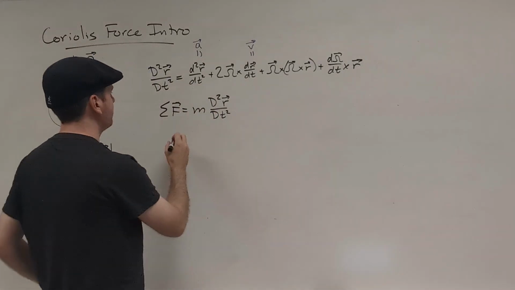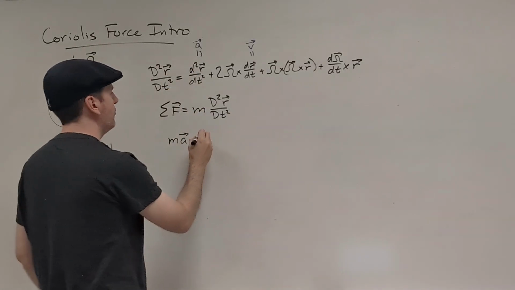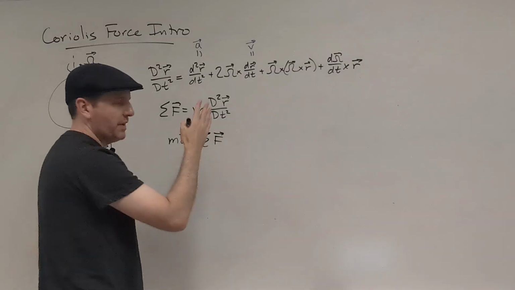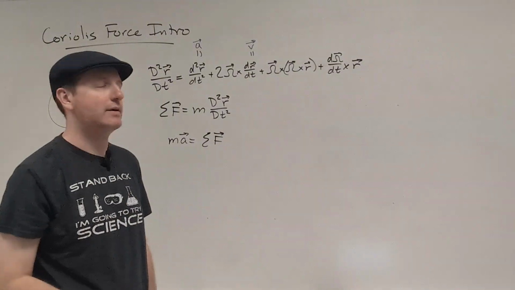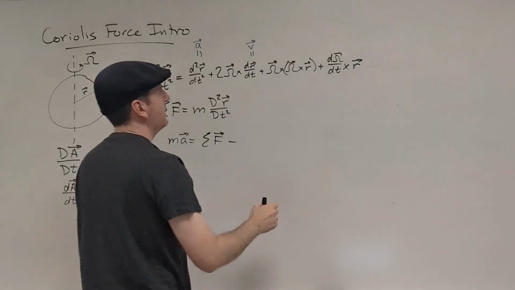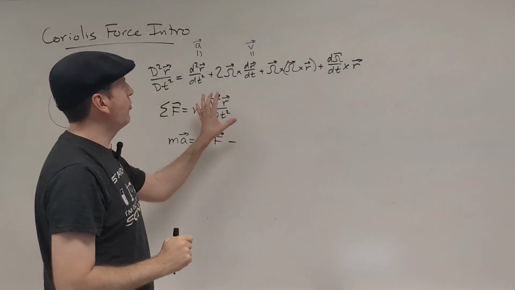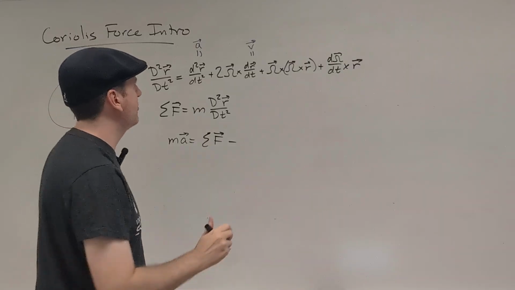So that'll tell me ma will be my net force as measured in an inertial frame. That's the normal external forces, gravity, etc., minus all these other terms. And the ordering of the terms doesn't really matter, but I'll explain what each one is.